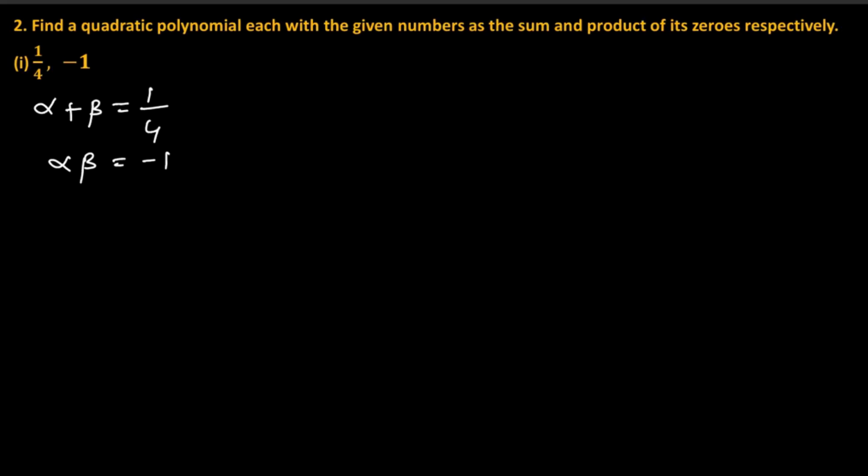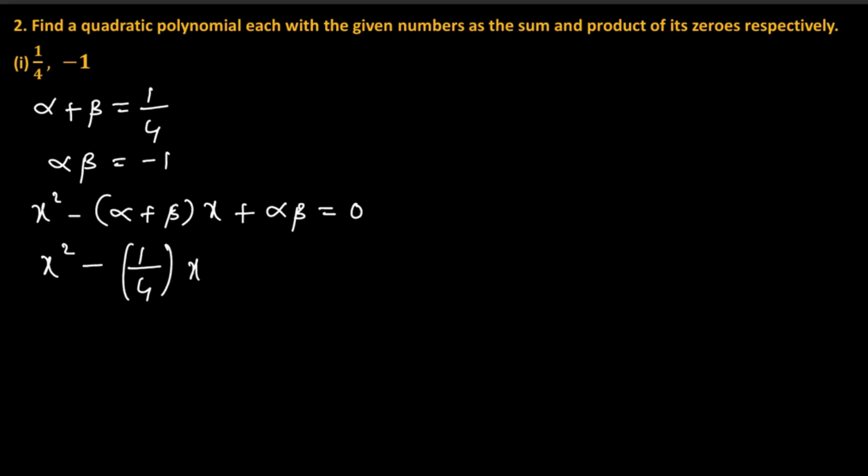So what is the general form for the polynomial? X square minus alpha plus beta into x plus alpha into beta is equal to 0. So x square minus 1 by 4 into x minus 1 is equal to 0. Take the common denominator as 4.